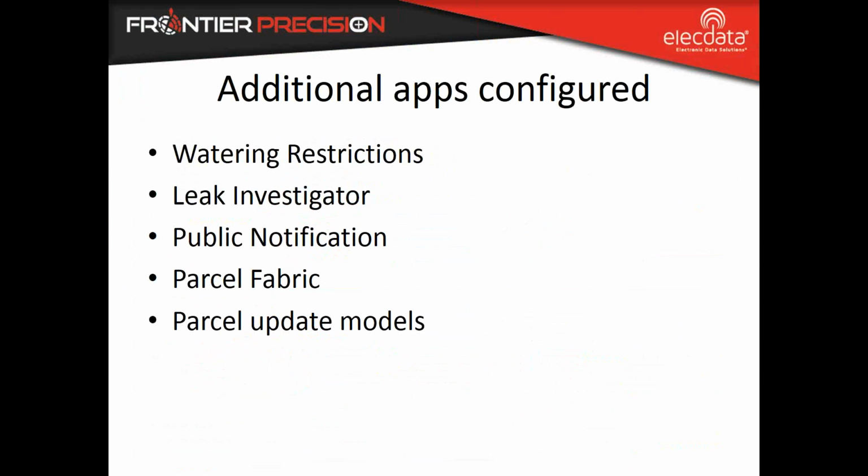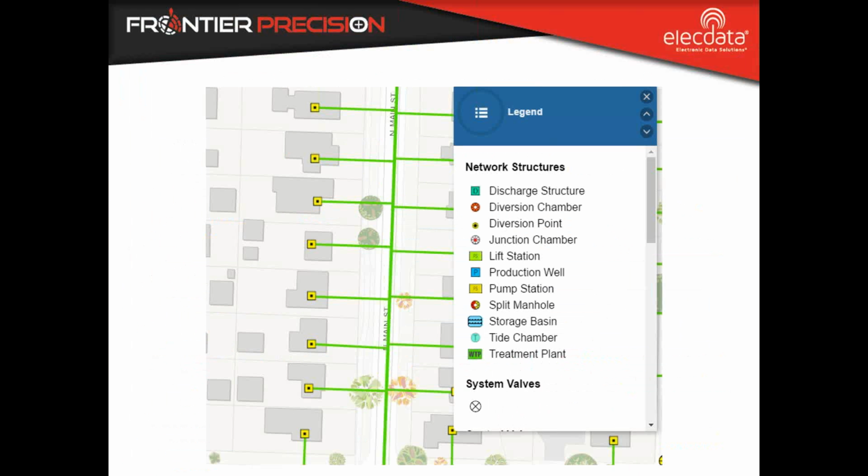Additionally, for the city, we've done a bunch of other work, including the watering restrictions app, the leak investigator, the public notification application. We've done a parcel fabric for them and created some parcel update models. We do also want to look at addressing the sewer data. The field crew, of course, needs access to sewer information in the same way that they need access to the water distribution network.